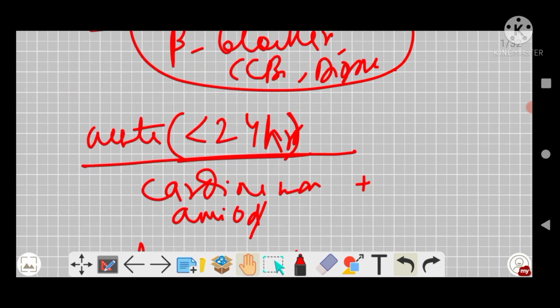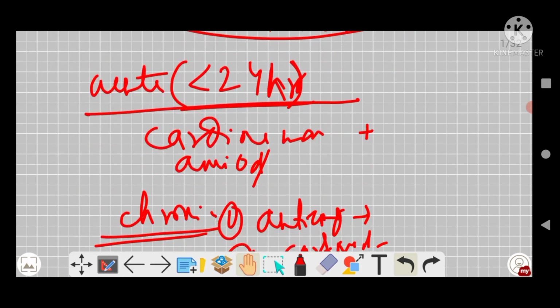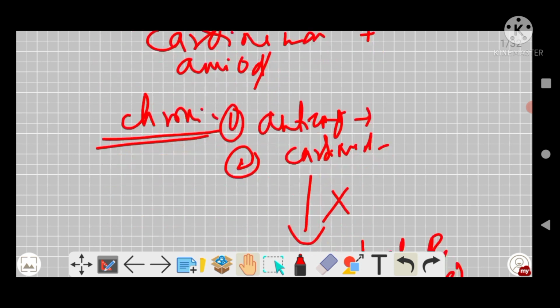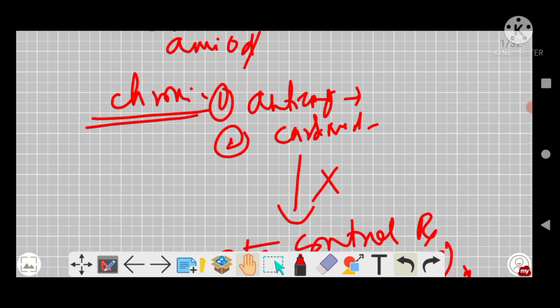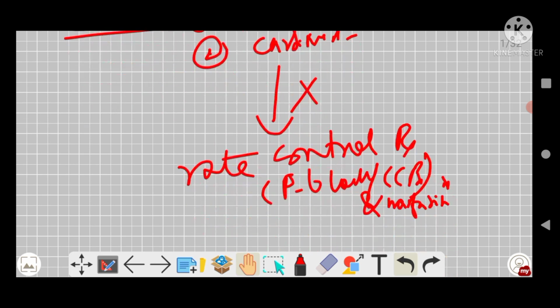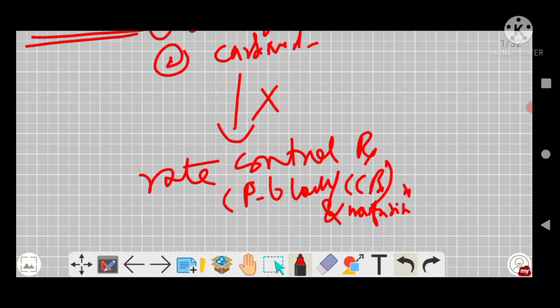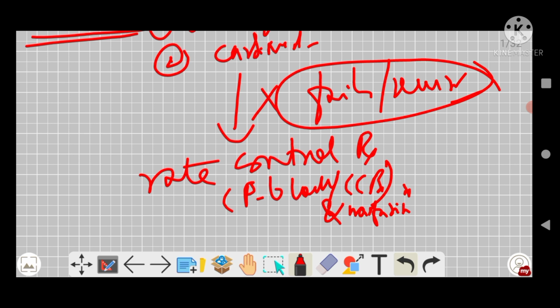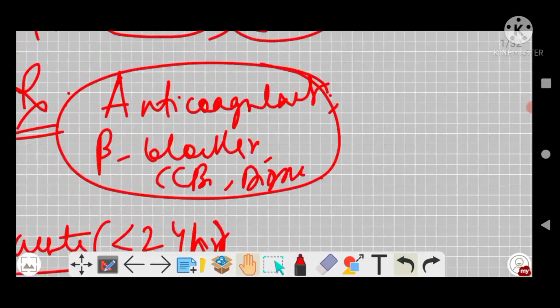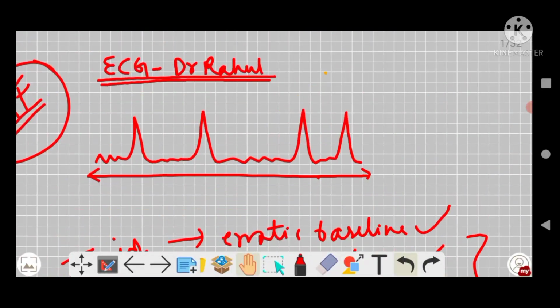If the onset is acute, that is within 24 hours, then cardioversion plus amiodarone, and if it is chronic, then anticoagulants followed by cardioversion. If it fails or there is recurrence, then rate control treatment with beta blockers, calcium channel blockers, and warfarin. This is all about atrial fibrillation.